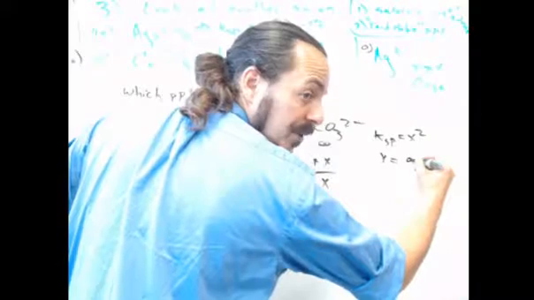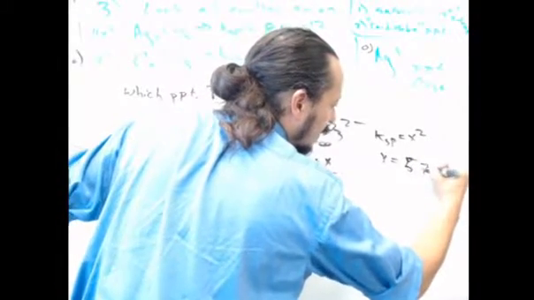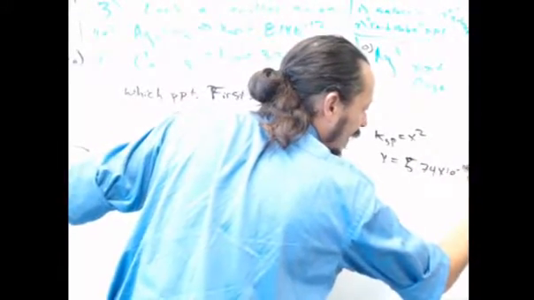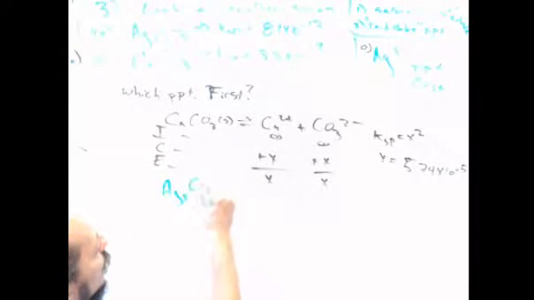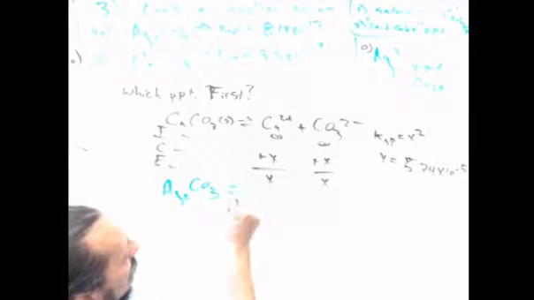Is that 5.74 times 10 to the minus 5? Yes. I'm going to do the same thing for silver carbonate, where I could do the whole table again.